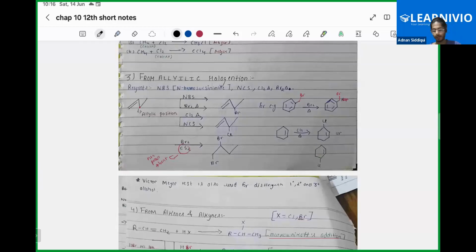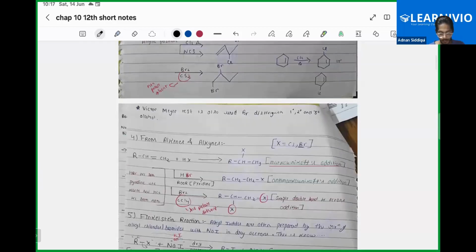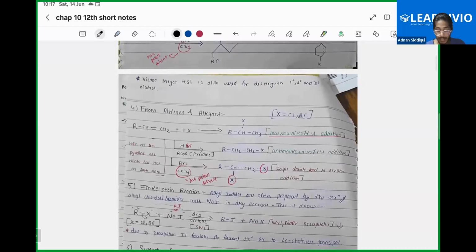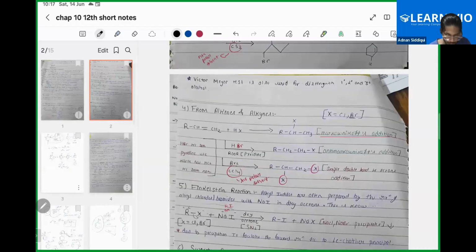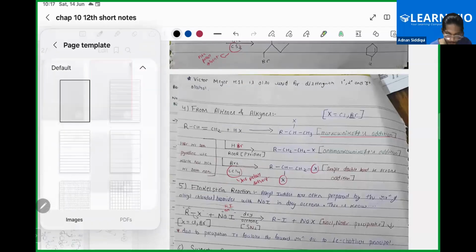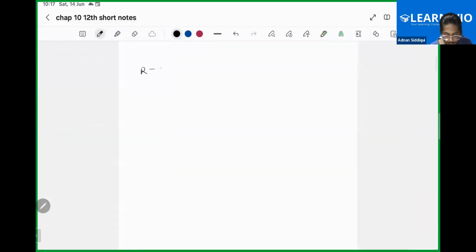I missed one thing. We did not talk about alkynes, right? If you have alkynes as your starting reagent, then you will use 2 moles of HBr, simple.